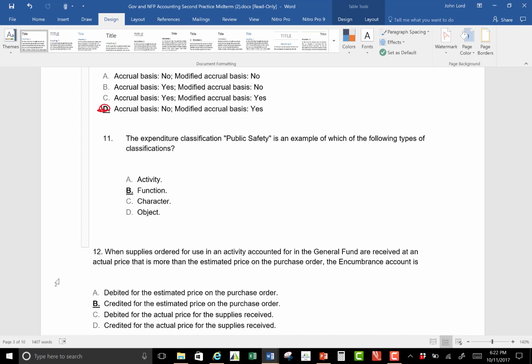So that's a public safety function, and the government tries to do that. Remember, we put labels on our expenditures. Functions and programs are things the government does. We have character, which talks about the period of benefit. We have activity, such as building inspection. And we have object class, which was sort of like a chart of accounts, and we talked about all those in, I think it was chapter 2 or something.